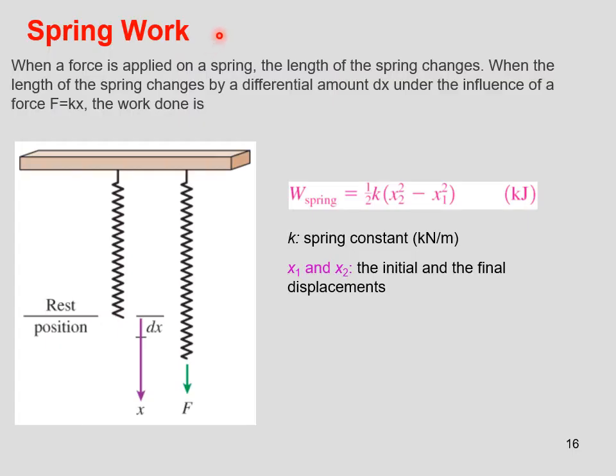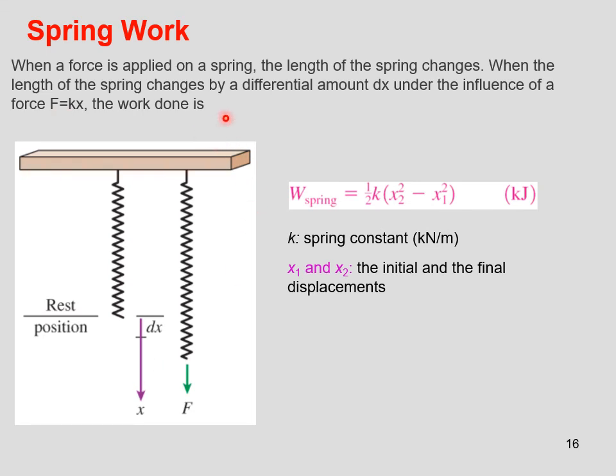Another way we can do work on a system is through use of spring work. When a force is applied on a spring, the length of the spring changes. When the length of the spring changes by an amount dx, under the influence of a force F equals kx, this is known as Hooke's law, the work done can be determined by integrating the force through the distance moved, dx.